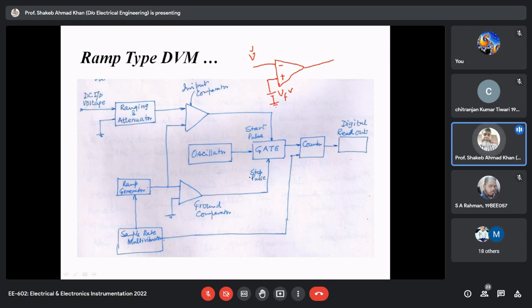What will be the possibilities when you compare an unknown voltage with a reference voltage? Either this voltage will be more than this voltage or less than it. So when this voltage is more than the reference, what will be the output? And when it is less, what will be the output?